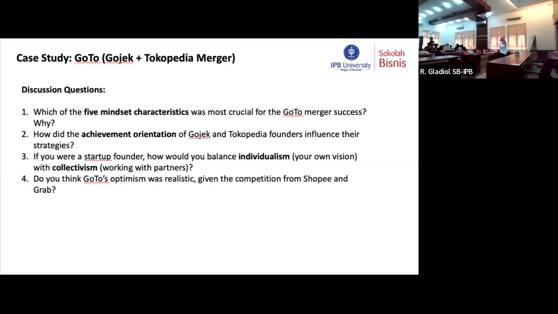So I think having our own vision that is agreed upon for the company is critical to ensure that everyone in the company is headed in the same direction and purpose. However, I would recognize that a startup cannot thrive on vision alone. Perhaps we will still require collaborations, diverse perspectives, and shared ownership with partners.